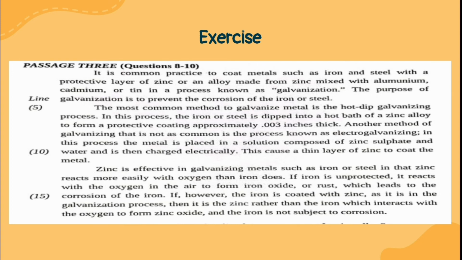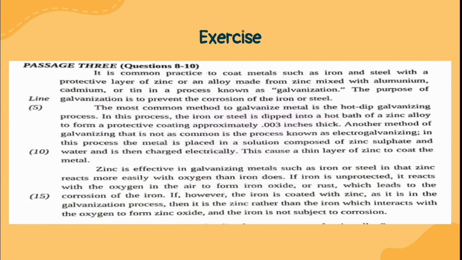Zinc is effective in galvanizing metals such as iron or steel in that zinc reacts more easily with oxygen than iron does. If iron is unprotected, it reacts with the oxygen in the air to form iron oxide, or rust, which leads to the corrosion of the iron.